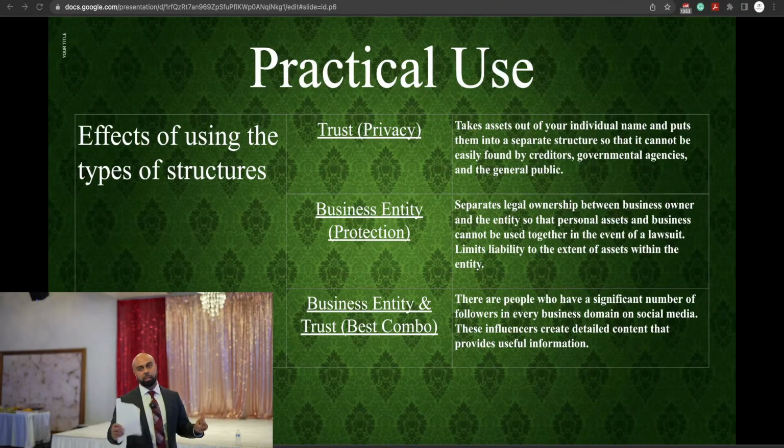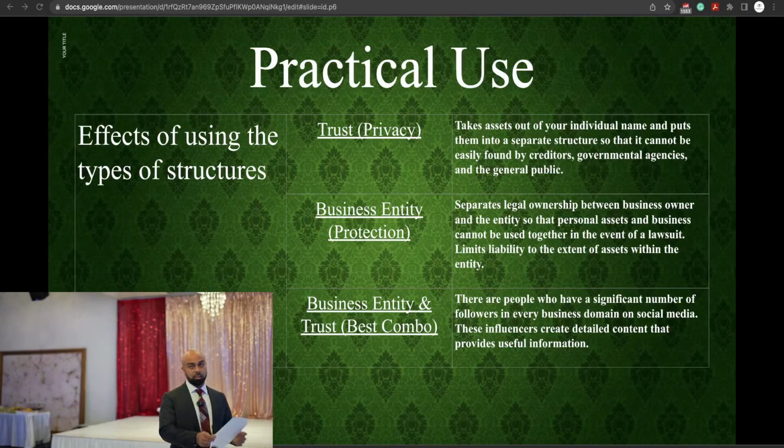Things will be changing, and I'm going to tell you about a law that's coming out in the next year that's going to change how we approach this. But for the current administration, the best solution is using a business entity and a trust. So you're welcome to take your business and put it into a trust, or you're welcome to take your trust and open up a business under it.